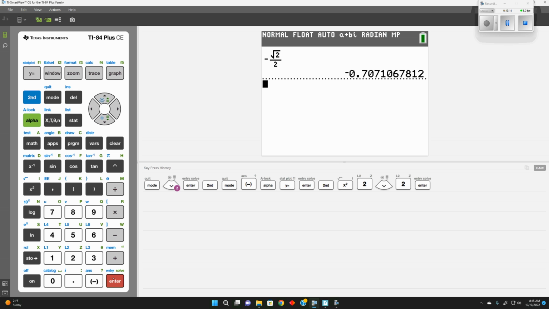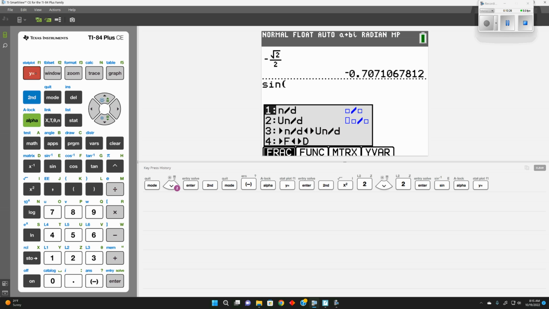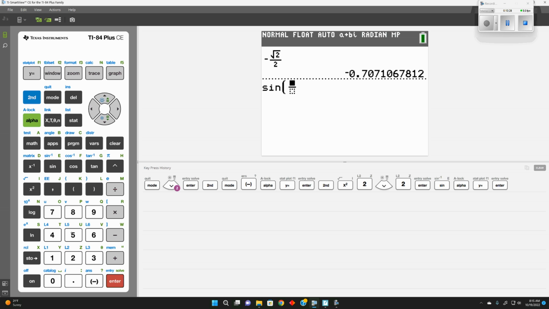I'm putting this up here so we know what the decimal value is, because unfortunately the graphing calculator gives it as a decimal, not as a radical, or in simplest radical form. So if we said sine of 5 pi over 4, we do get the negative square root 2 over 2.